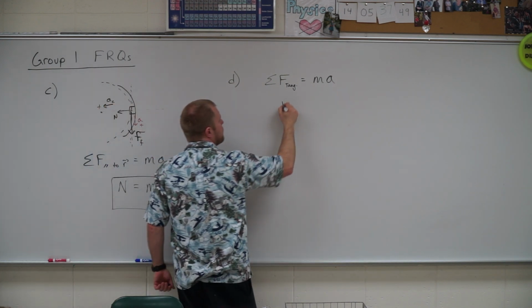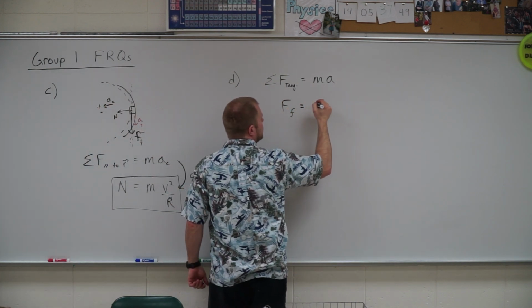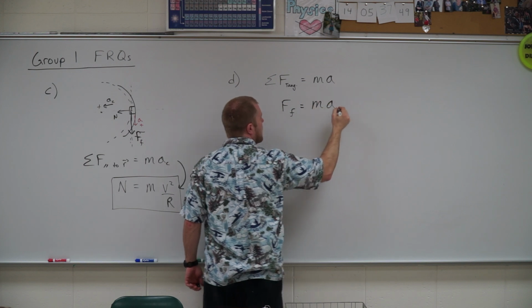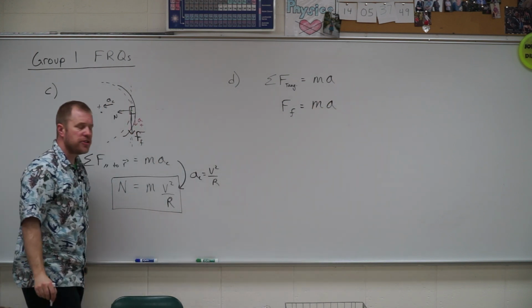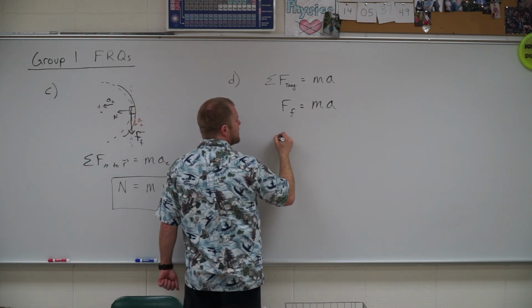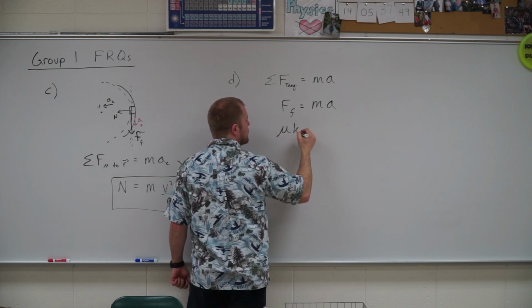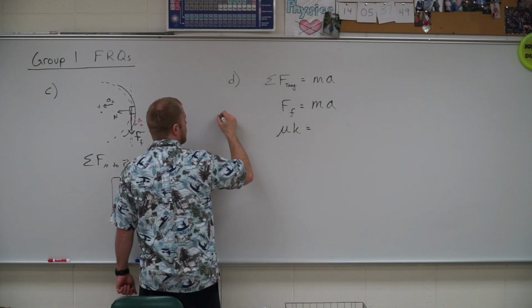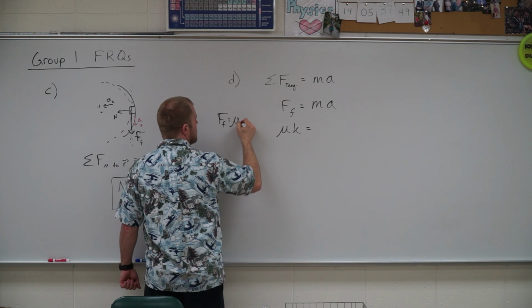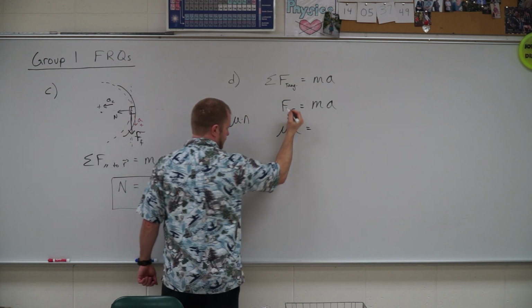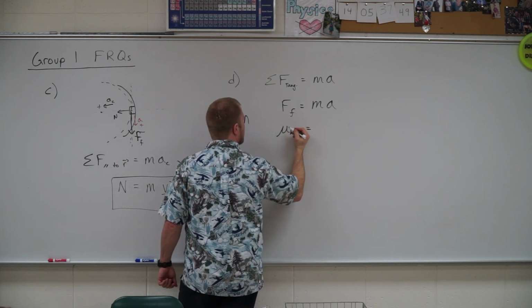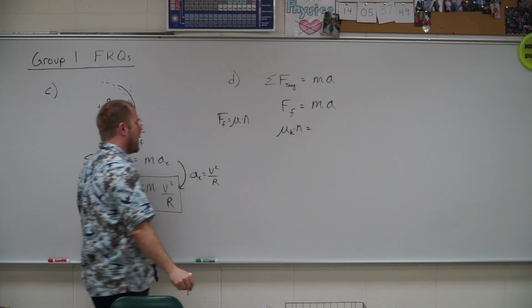So I have the force of friction is equal to ma. Make my substitution, it's kinetic because it's sliding, so force of friction equals mu k times N, where N is my normal force.